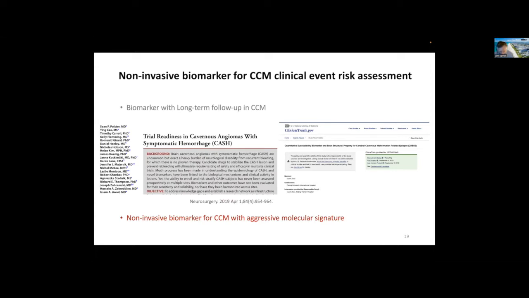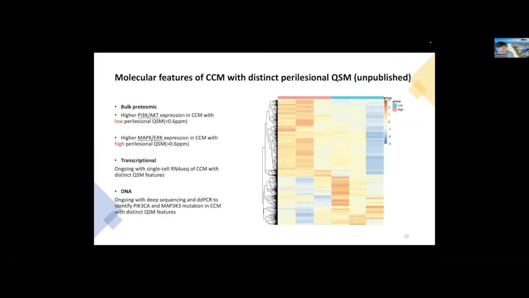And apart from the surgery, studying the correlation between the imaging markers and the clinical follow-up, the iron overload measured on the QSM also provides a method to quantify the leakage from the CCM. So we continue to look at their molecular features. The preliminary proteomics data suggest increased protein expression of PI3K signaling in CCM with low QSM, and protein expression of MAPK signaling was increased in CCM with high QSM, as shown here on the right.